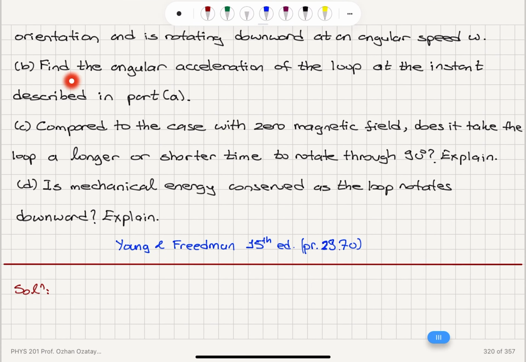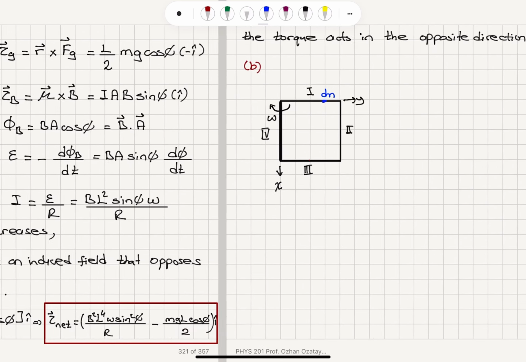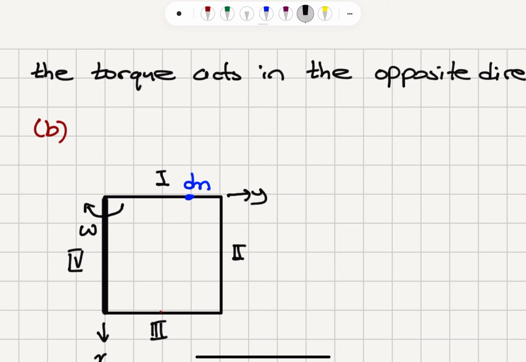Find the angular acceleration of the loop at the instant described in part A. Now, angular acceleration is related to the net torque. Newton's second law, rotational form.